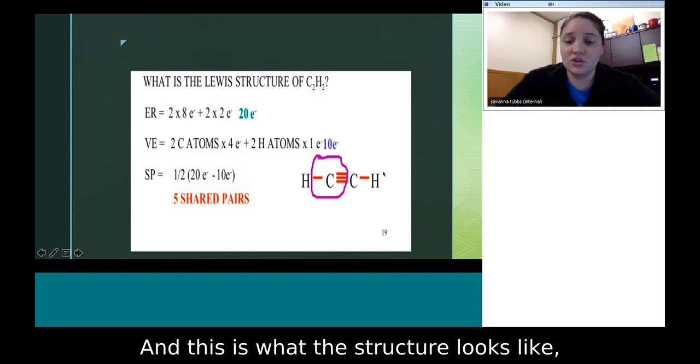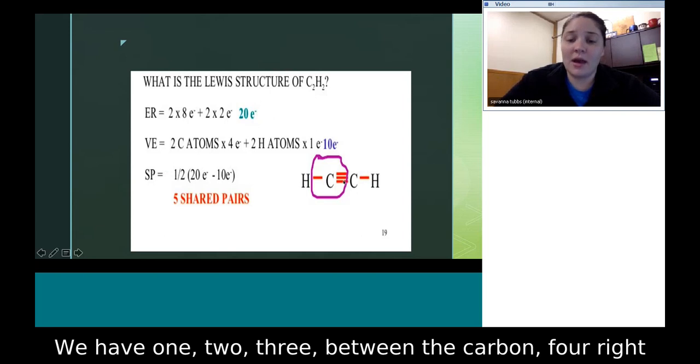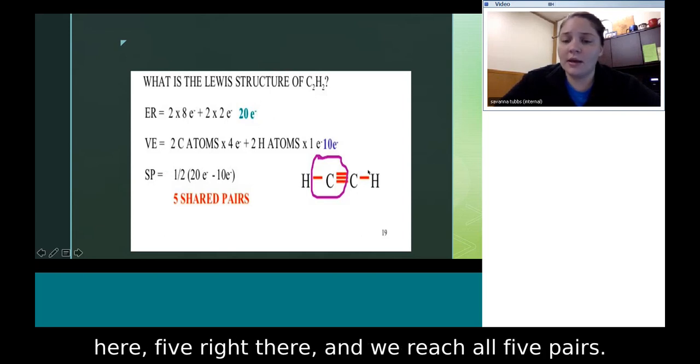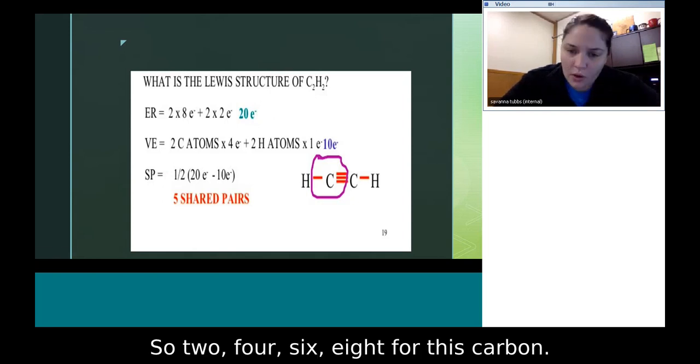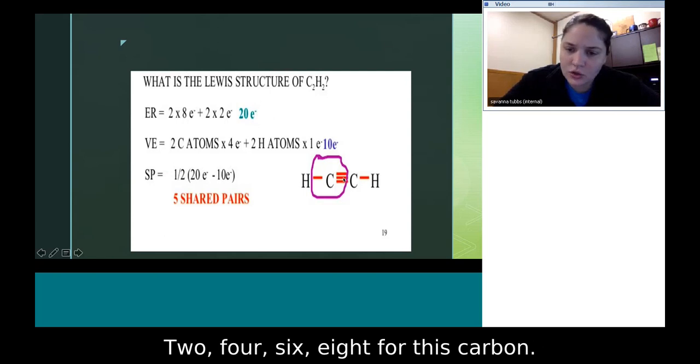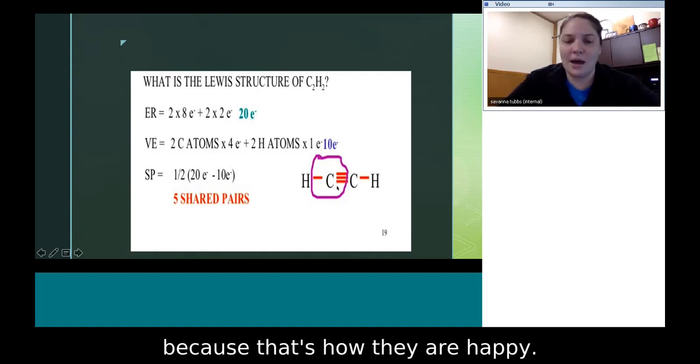And this is what the structure looks like. So we can see that we have 5 bonds. We have 1, 2, 3 between the carbons, 4 right here, 5 right there, and we reached all 5 pairs. We also notice that they correspond with the octet rule. So 2, 4, 6, 8 for this carbon, 2, 4, 6, 8 for this carbon, and then the hydrogens will just have 2 because that's how they are happy.